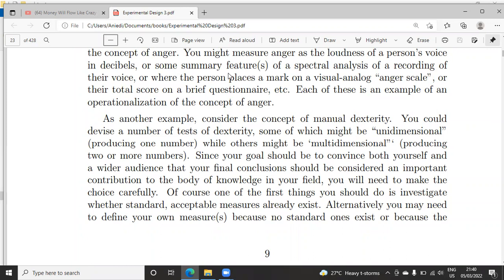So have you seen that there are different ways somebody can decide to measure anger? Not necessarily via questionnaire. You might say, okay, let me record everybody I come across. If somebody shouts this way, the person is angry. If the person does not shout, the person is not angry. Or if somebody frowns his face, the person is angry. If somebody does not frown his face, the person is not angry.